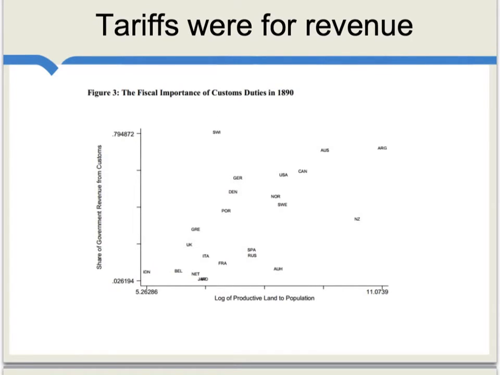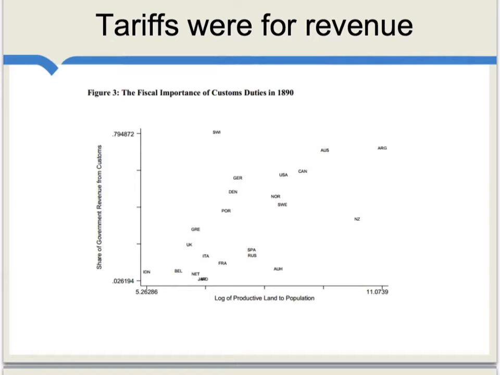One thing notable about the late 19th century is that tariffs often were used for purposes of revenue rather than for skewing or directing domestic manufacturing. So if we look at this picture here, what we find on the vertical axis is the share of government revenue from customs. What we have on the horizontal axis is in essence the land-to-labor ratio.